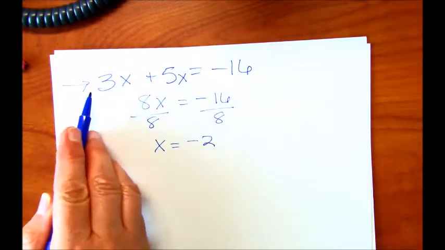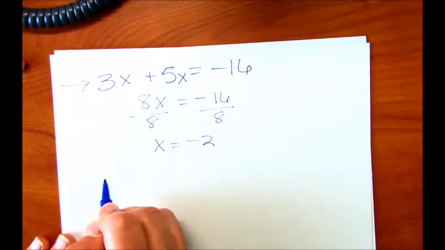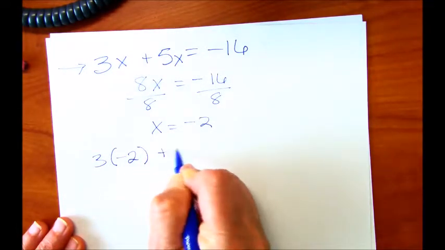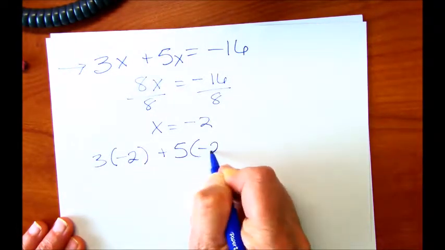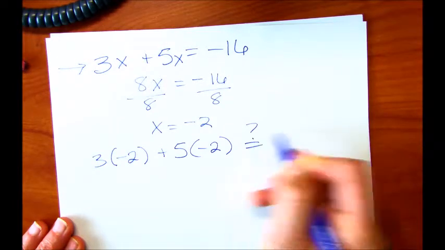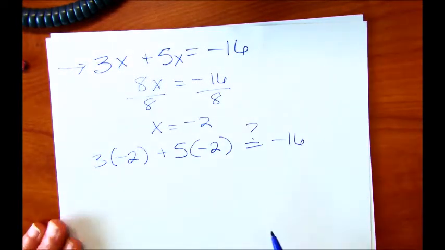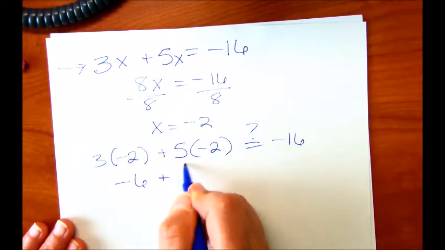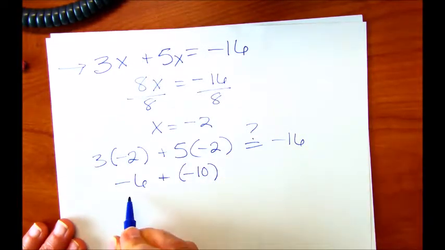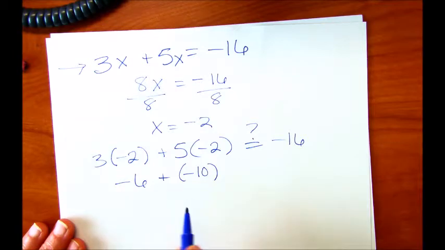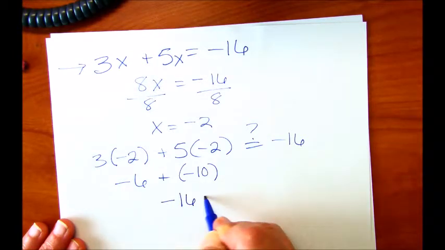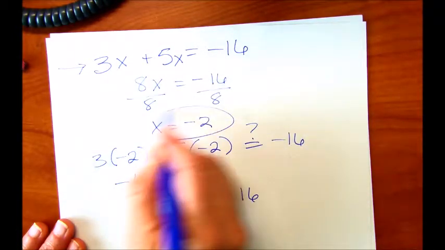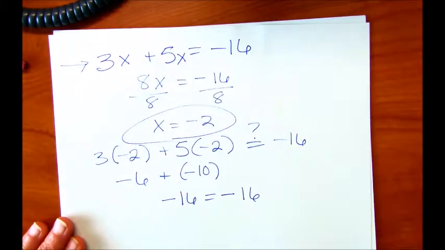Now I could plug it back in, so I'll do that. 3 times negative 2 plus 5 times negative 2 should give me negative 16. That's going to give me negative 6, and negative 10. We're adding them together, and we get negative 16, and that indeed does equal negative 16. So negative 2 is the solution.